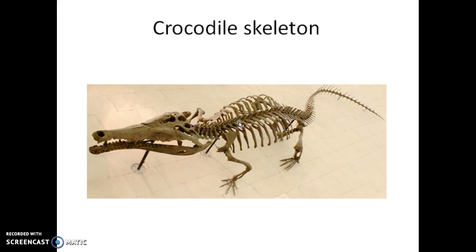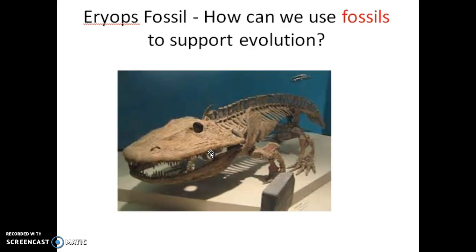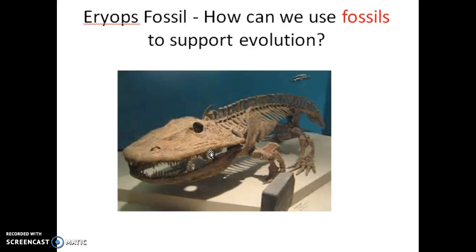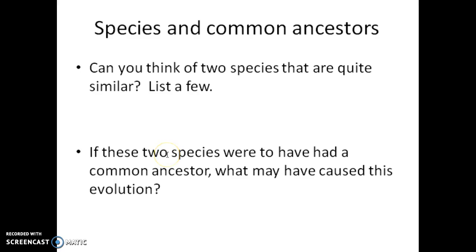You can find this in Florida right now. Certainly there are similarities between this guy and this guy. So that's what scientists use fossils to do. This one looks like this one, so maybe there's some relationship between them, considering that the Eryops is no longer around on our planet. So this is where we get to talk about common ancestry.